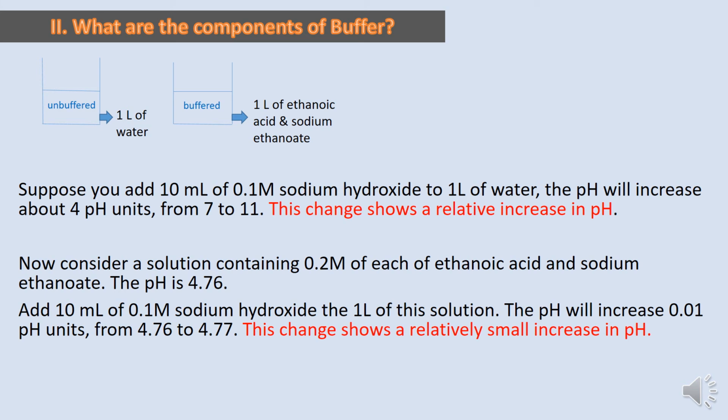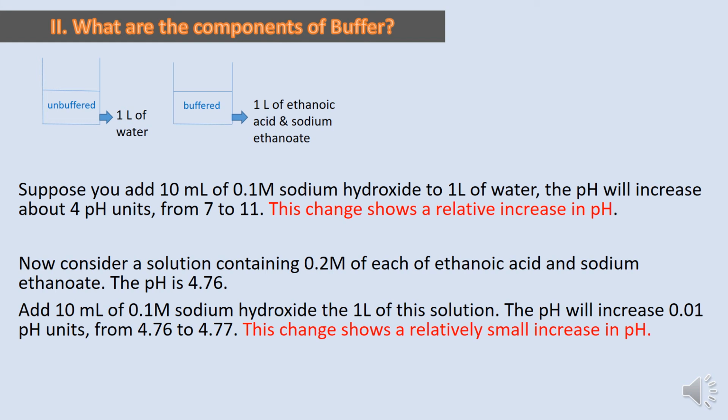Add 10 milliliters of 0.1 molar sodium hydroxide to 1 liter of this solution. Now try to see the difference. The first one is 1 liter of water, the second beaker is ethanoic acid with sodium ethanoate. Let's see the similarity: we add the same amount of sodium hydroxide to both beakers.